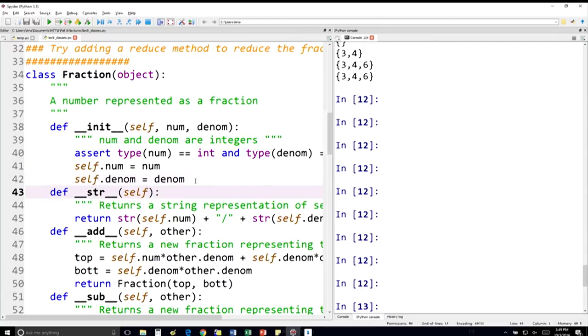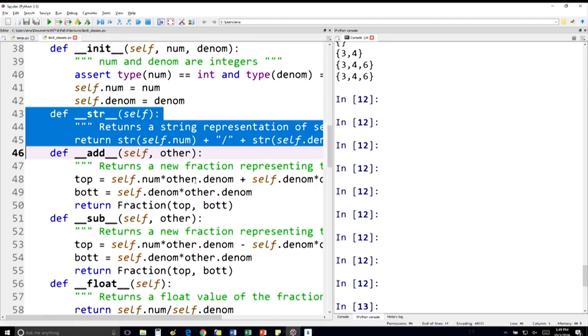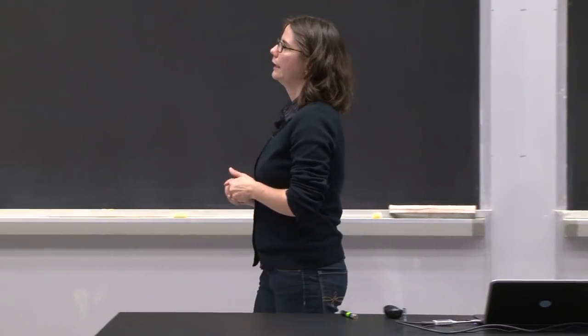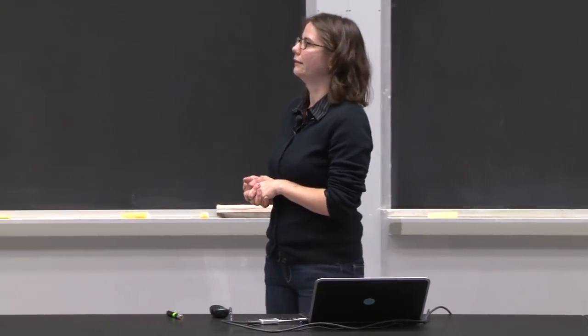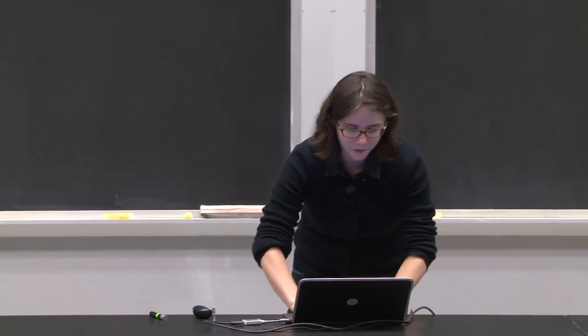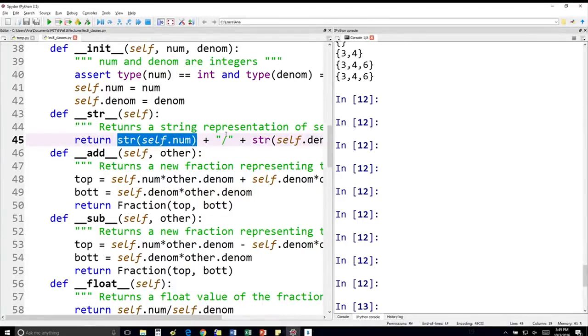Since I plan on debugging this code, possibly sometime in the future, I'm also including an str method. The str method is going to print a nice looking string that represents the numerator, then a slash, and then the denominator.